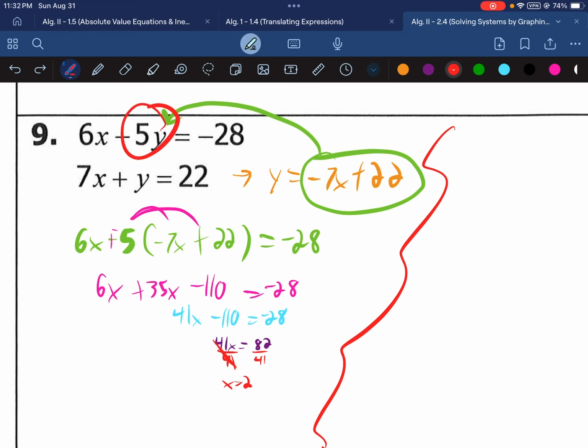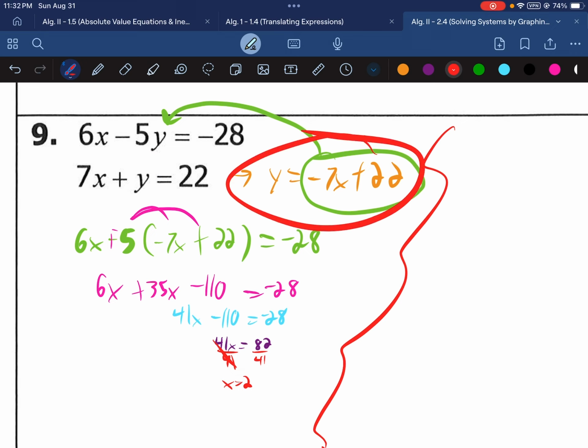Or sorry, I have to multiply the x when I plug it in, but I don't have to divide by anything to get y by itself in this bottom equation, because it has a coefficient of positive 1. Now you could technically plug it into this equation that's already solved for y if you'd like. However, I recommend plugging it into one of the original equations rather than a modified version of one, just in case we made a mathematical error during our modifications when we solved for a variable.